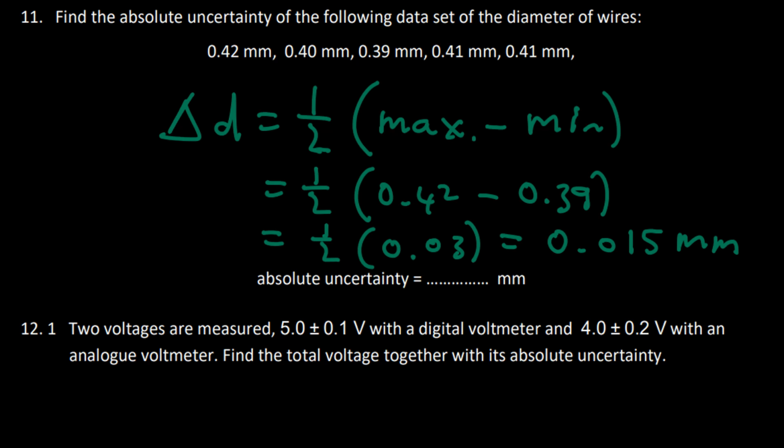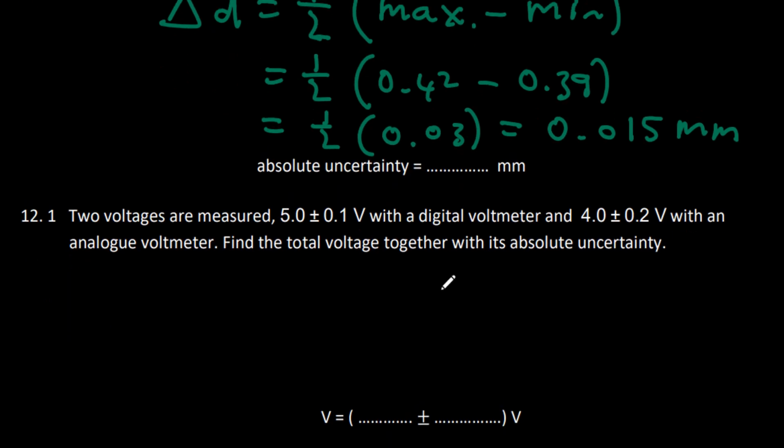So this question has to do with combining uncertainties. Let's first find the total voltage, and we can call it VT. To get the total voltage, we simply add the measured values, these two voltages. So 5.0 plus 4.0. And this is 9.0 volts.